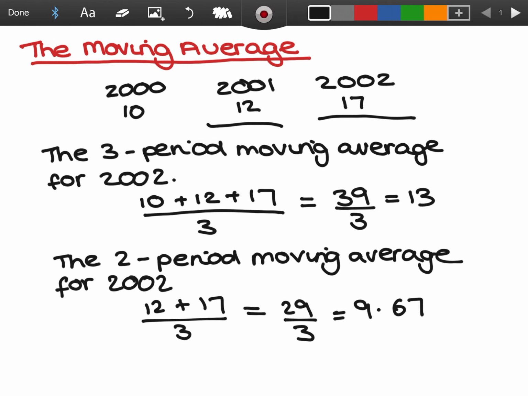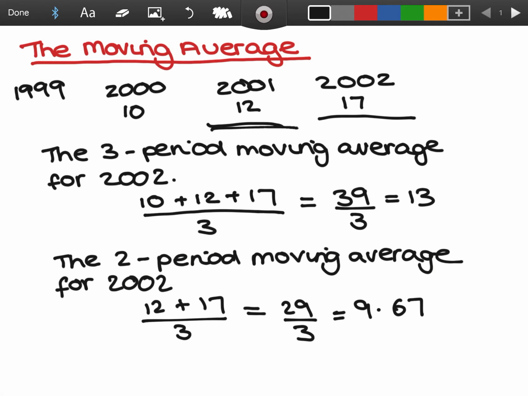If I wanted the 2-period moving average for 2001, I would take the number that I see in 2001 and the period before it. If I needed a 3-period moving average for 2001, I would need more data. I would need the data from 1999 in order to get a 3-period moving average for 2001, because I start at 2001 and work my way backwards so that I have 3 periods.